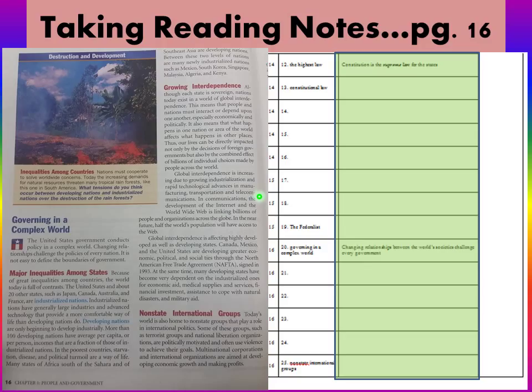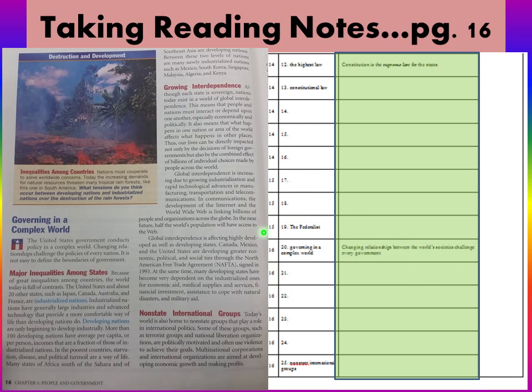In communications, the development of the Internet and the World Wide Web is linking billions of people and organizations across the globe. In the near future, half the world's population will have access to the web. This is an old book. This sentence is probably improved a lot. I bet more than half the world's population has it by now.